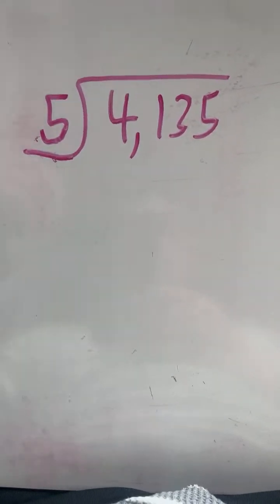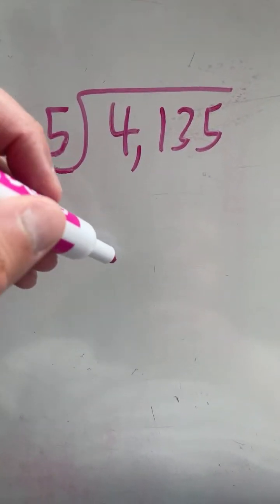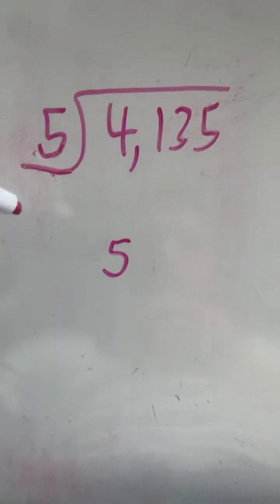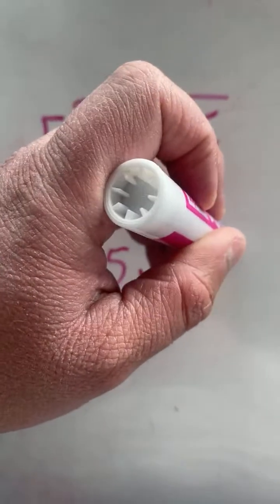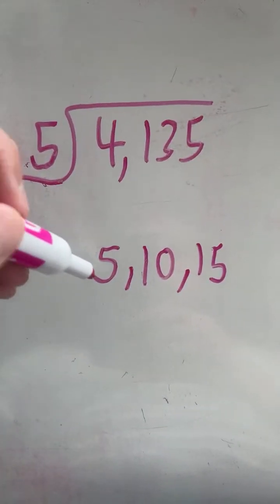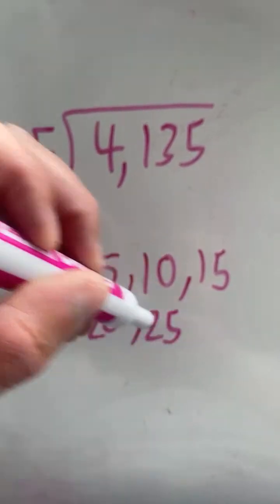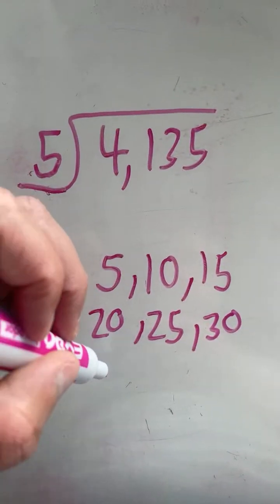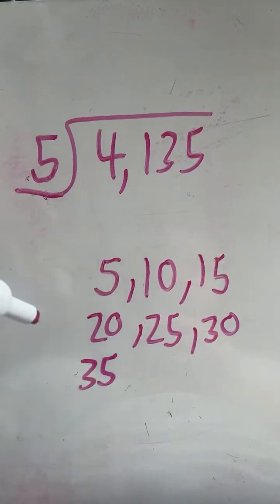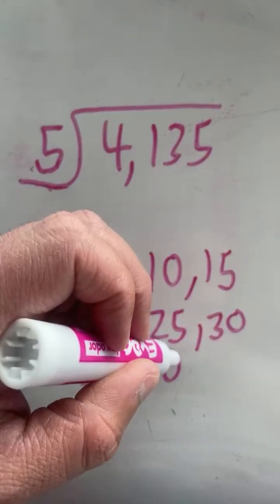So I'm going to see how many groups of 5 go into 41. Counting by 5s here. 5, that's one group. 10, 2 groups of 5. 15, 3 groups of 5. 20, we're at 4 groups of 5. 25, 5 groups of 5. 30, 6 groups of 5. 35, 7 groups of 5. 40, 8 groups of 5.